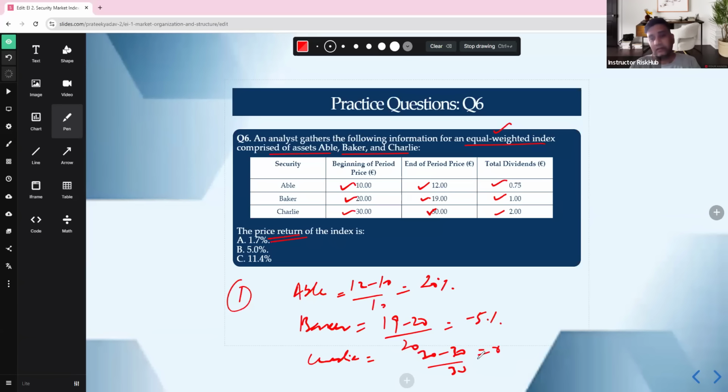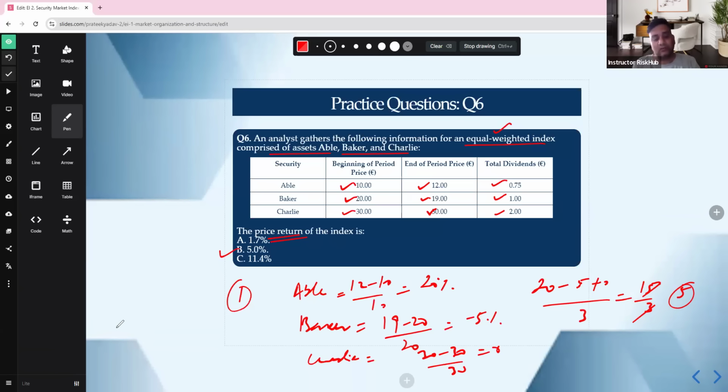For an equal weighted index, what do we do? Give the weight equally to each one of them. So an equal weighted index is the simple average of the returns. So 20 minus 5 plus 0 divided by 3, which is 15 by 3, gives me 5. Simple average. Keep this in mind.